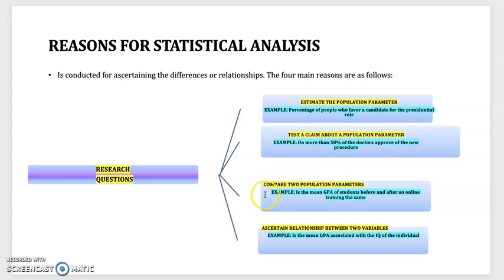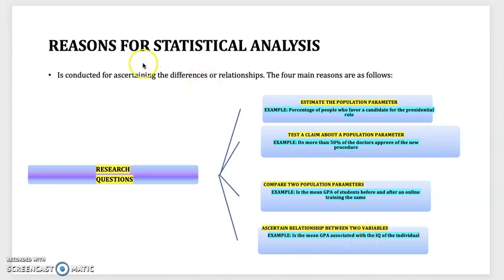Sometimes your research question is to compare two population parameters, for example, whether the mean GPA of students before and after an online training class will be the same. Or you look at the relationship between two variables, for example, whether the mean GPA is associated with the IQ of the individual or not.